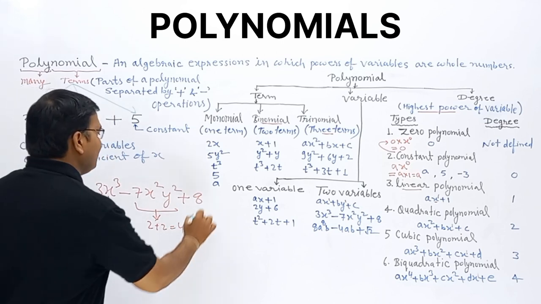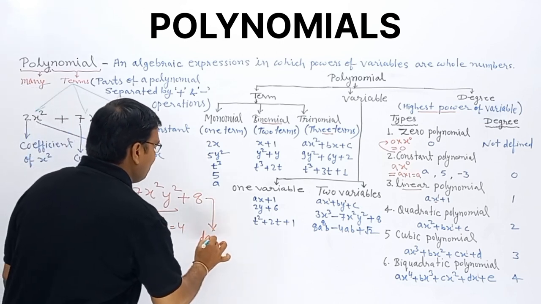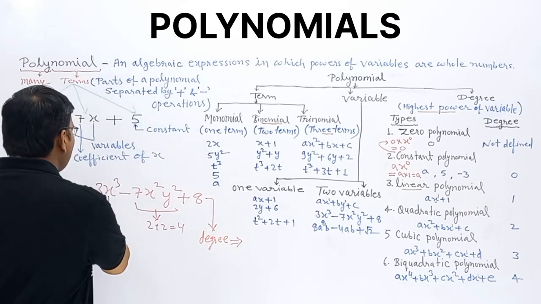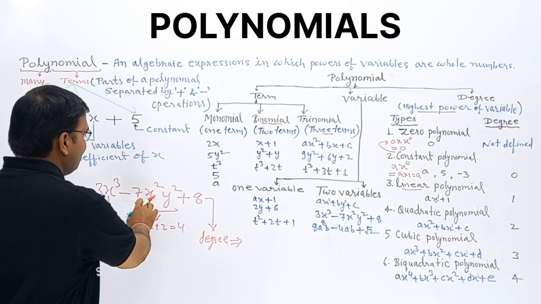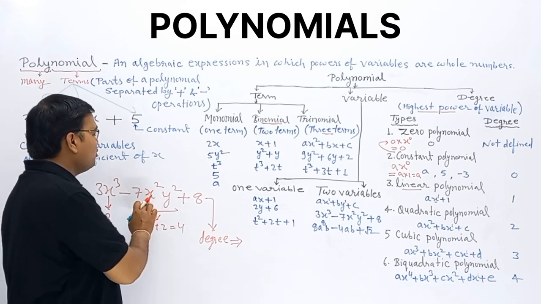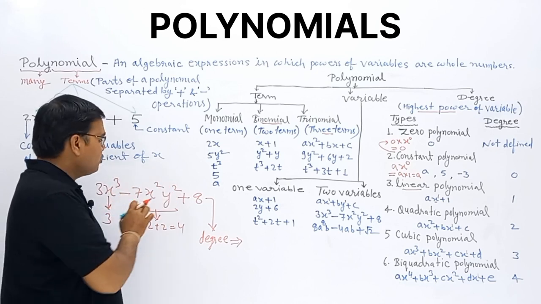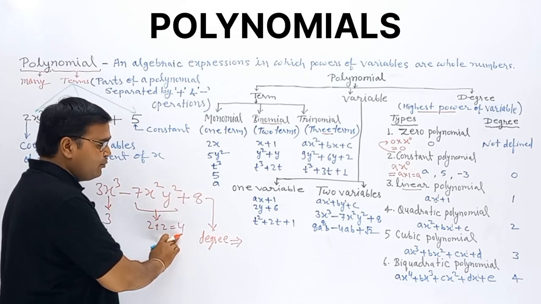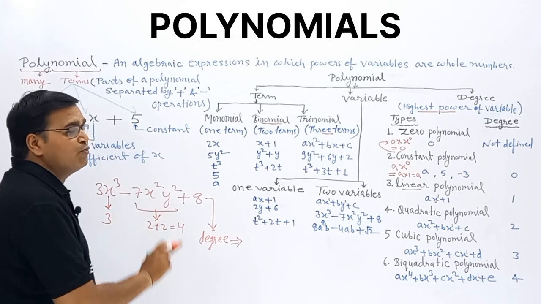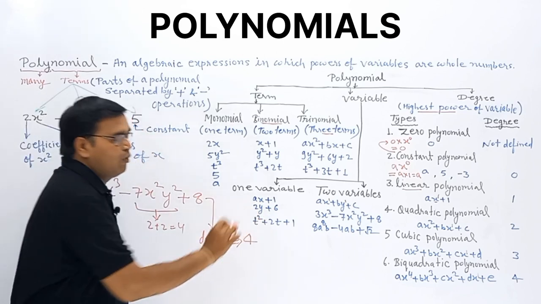This term has 2 variables, and the powers are 2 and 2, so we will add both. We get 4. So throughout this expression the maximum power is 4. So the degree will be 4.